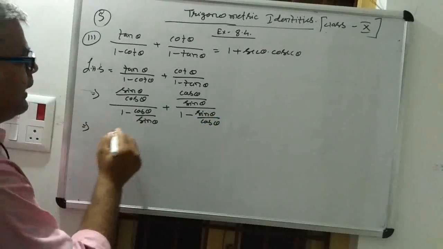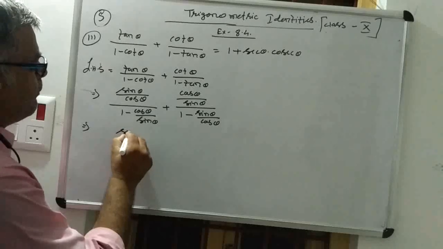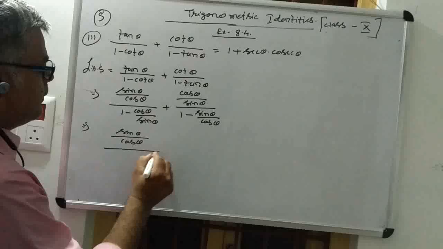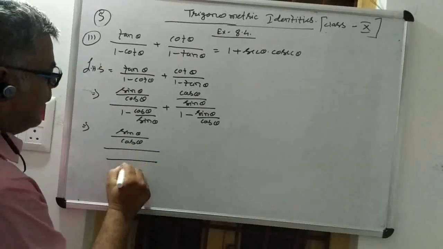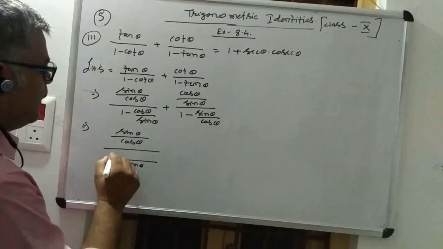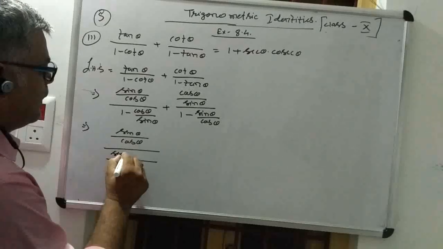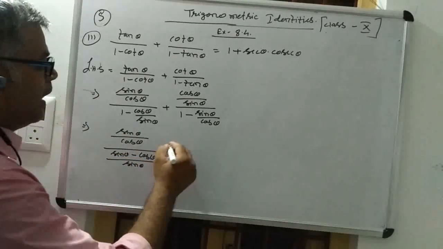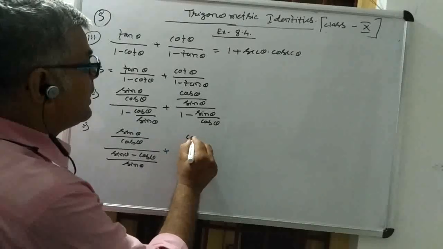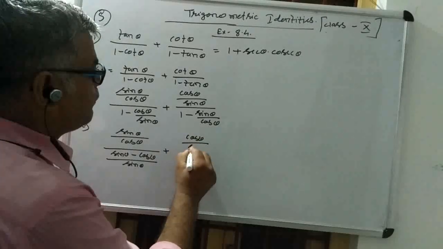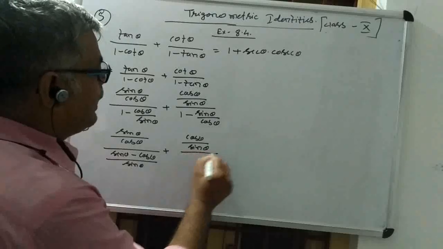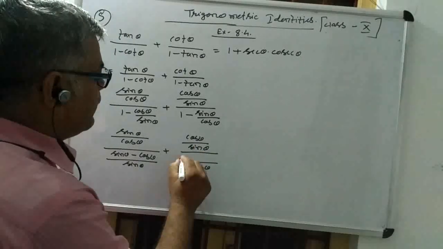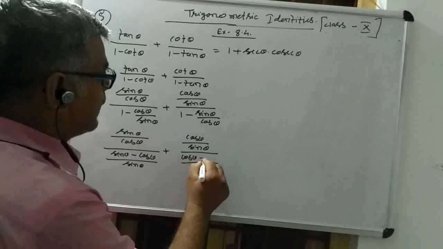Now simplifying it, sin theta by cos theta, and taking LCM as sin theta, we will get here sin theta minus cos theta, plus again cos theta by sin theta, by here the LCM will become cos theta, and we have cos theta minus sin theta.